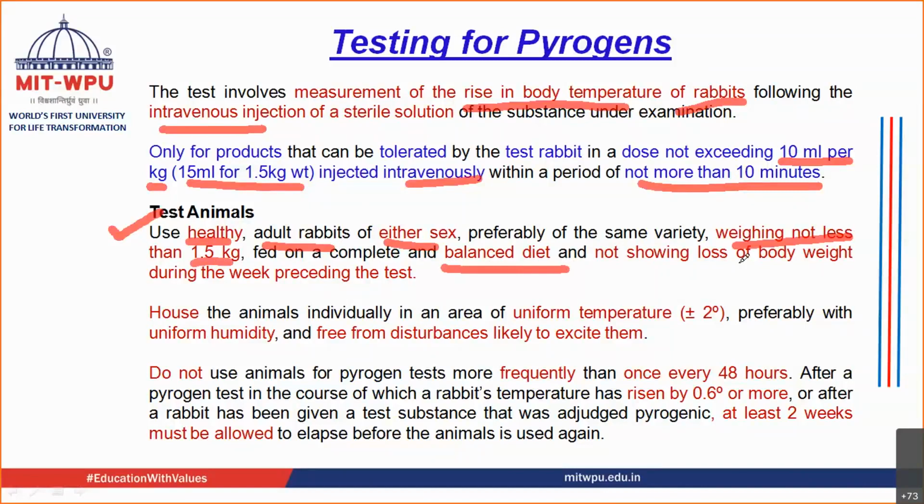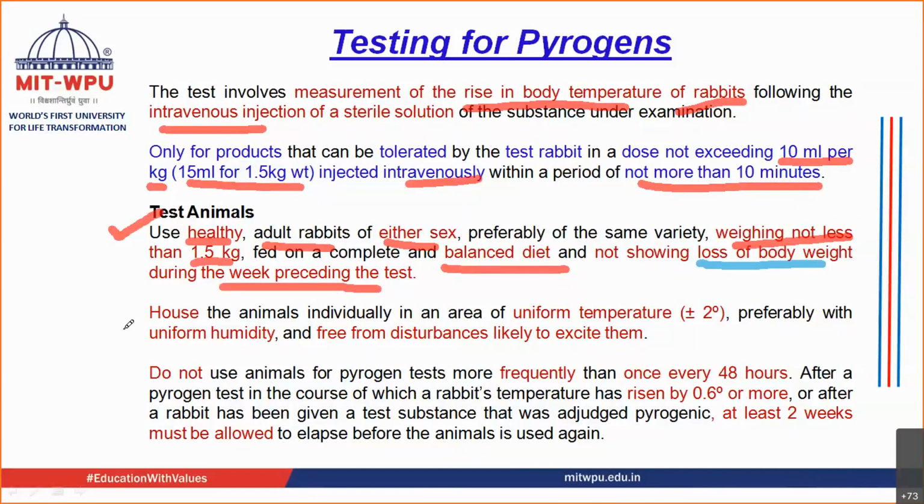And he should not have shown loss in body weight during the last week of the test. So you are going to carry out the test today, so in the last week he should not show any loss in body weight. Such healthy adult rabbits of either sex, weighing 1.5 kg, on a balanced diet, should be taken for the test.